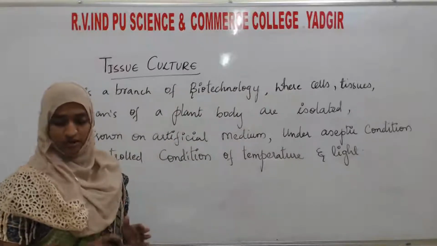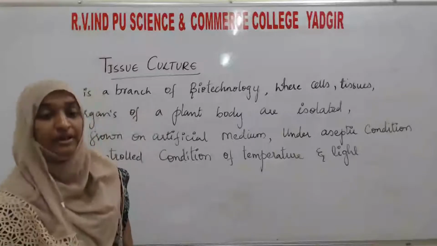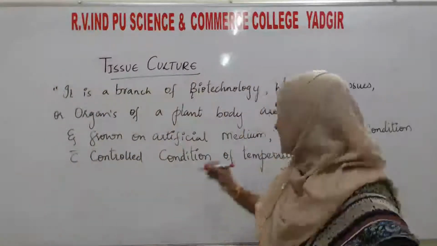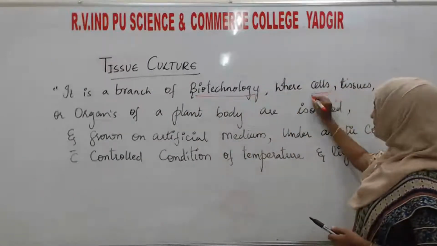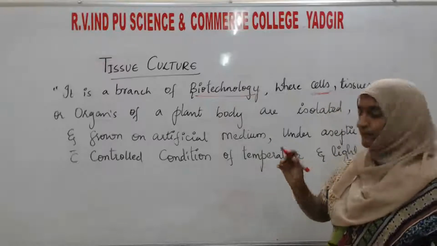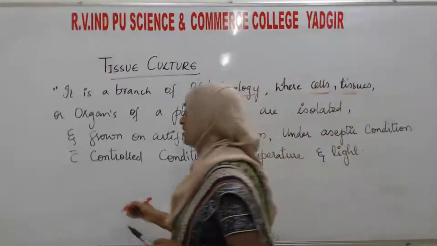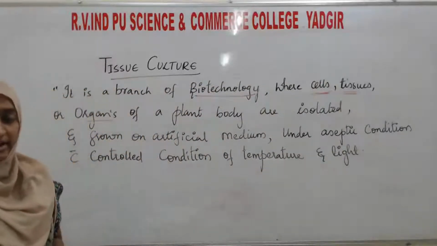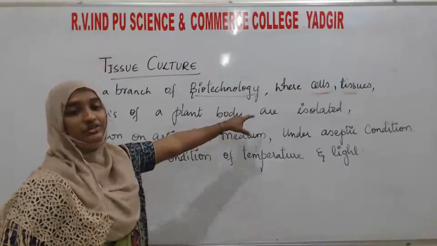First of all, what does tissue culture mean? It is a branch of biotechnology, especially plant biotechnology, where any cells of the plant, any tissue you can take, or the organs such as stem, root, flower, fruit, whatever organs of the plant body, are isolated.